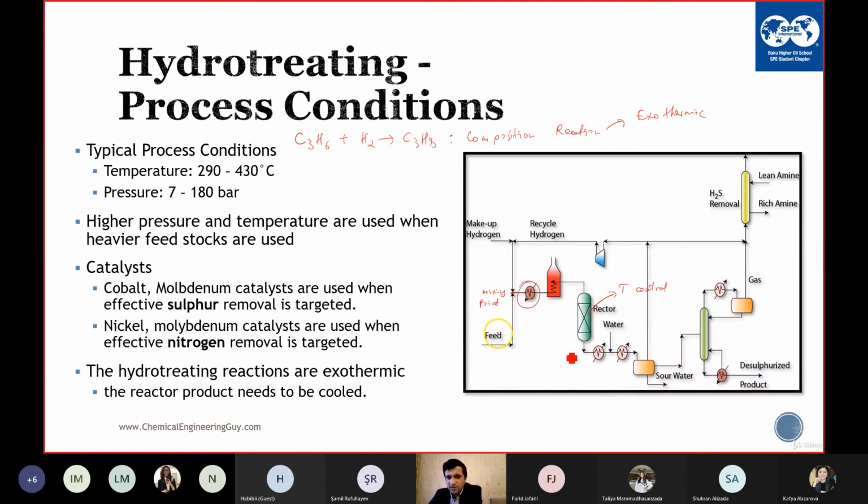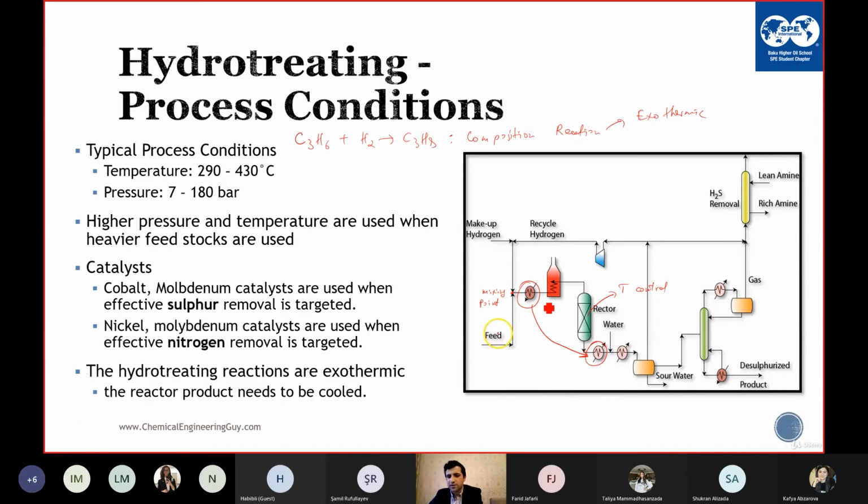This heat exchanger and this one are the same, because here you cool down your product, here you heat your feed. And I told you cobalt molybdenum catalysts are used for sulfur removal. You can also use a nickel molybdenum catalyst for nitrogen removal. The temperature can be between 300 and 430.